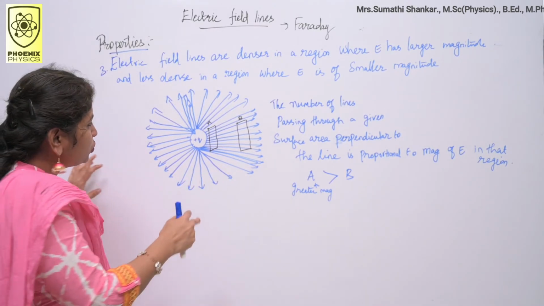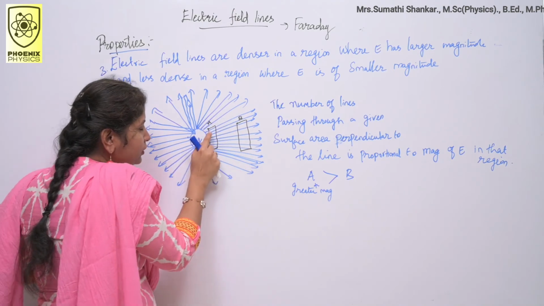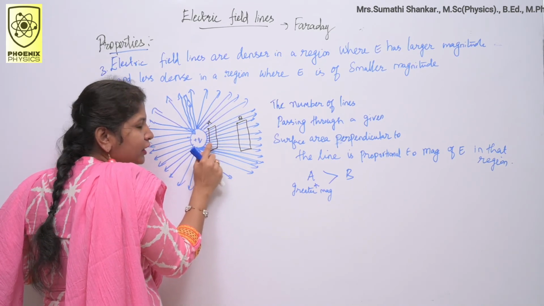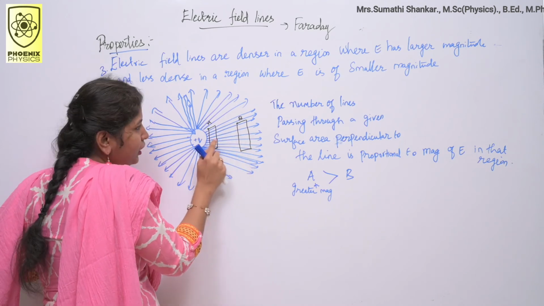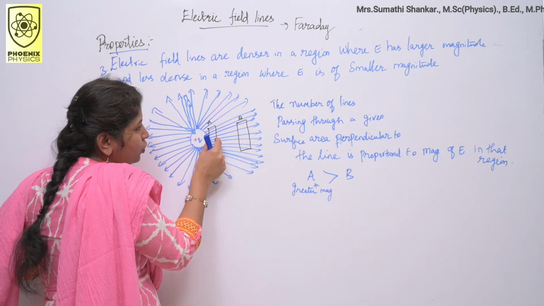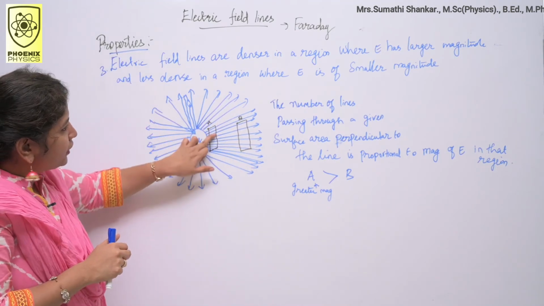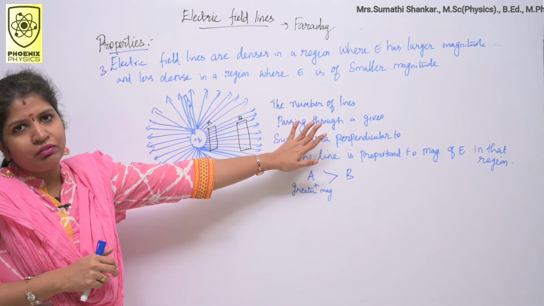Here I am choosing two surface areas A and B. Look at the surface A. Here we have denser lines. Here we have well separated lines. See, compared to A, B has well separated lines.